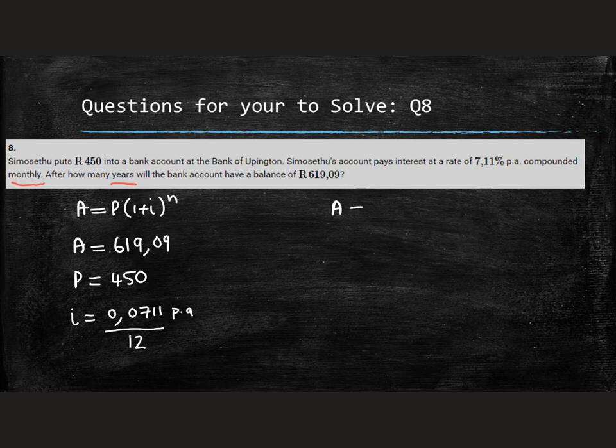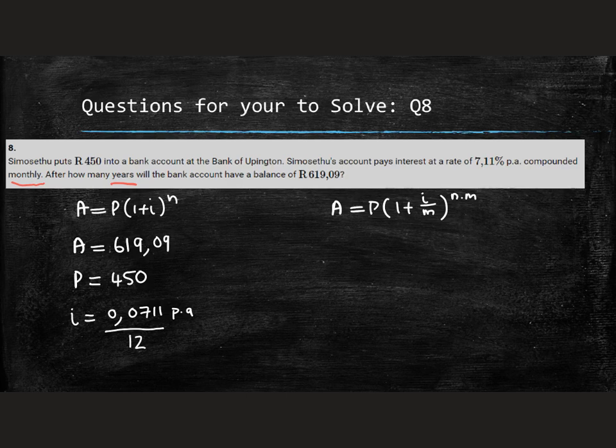In our formula, if we've got A equals P(1 plus i over m), because now we're dividing by a new number, a monthly, we would have to multiply our powers by m. So this is just to make sure that our interest rate and our time zones are the same.